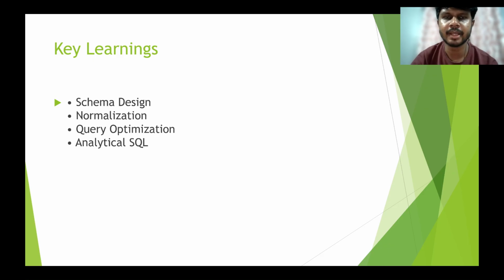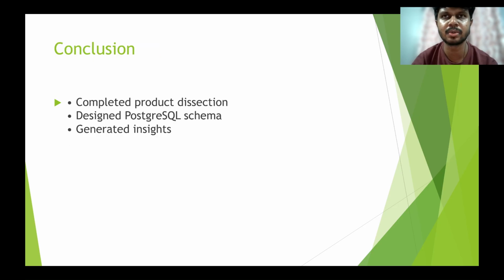In this slide, I usually show what I learned, like how I made the schema design, what helped me in making the schema design, how normalization helped me, how query optimization helped the database be efficient and fast, and different analytics skills also. Now let's move to the next slide, that is the conclusion.